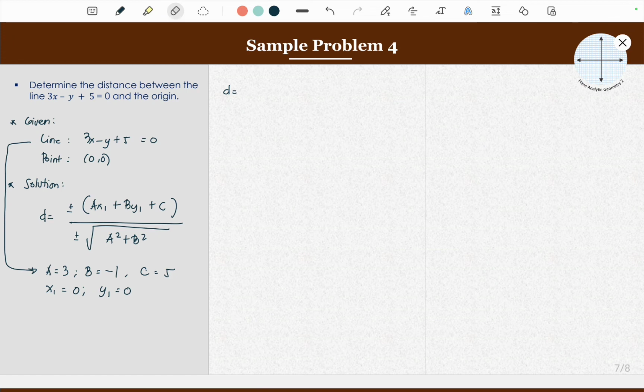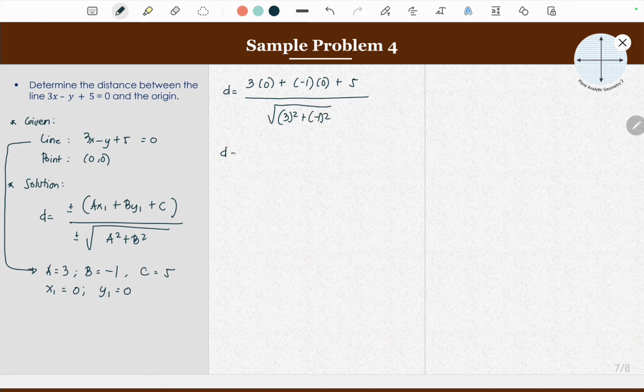So our A is 3, our x sub 1 is 0, our B is negative 1, our y sub 1 is 0, our C is 5, and this is over square root of 3 square plus negative 1 square.